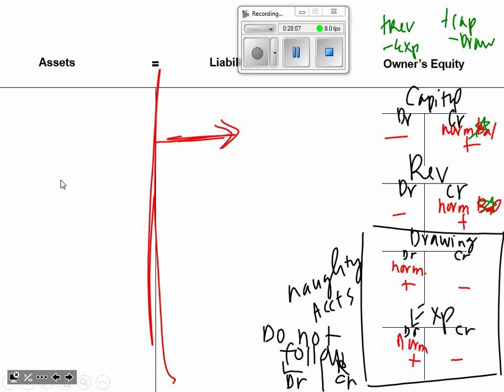So we've got to flip it to make their worth go down. These look like asset accounts, but they're just housed over here. Keep in mind they're on the right side of the big T, so we've got to make the worth go down.